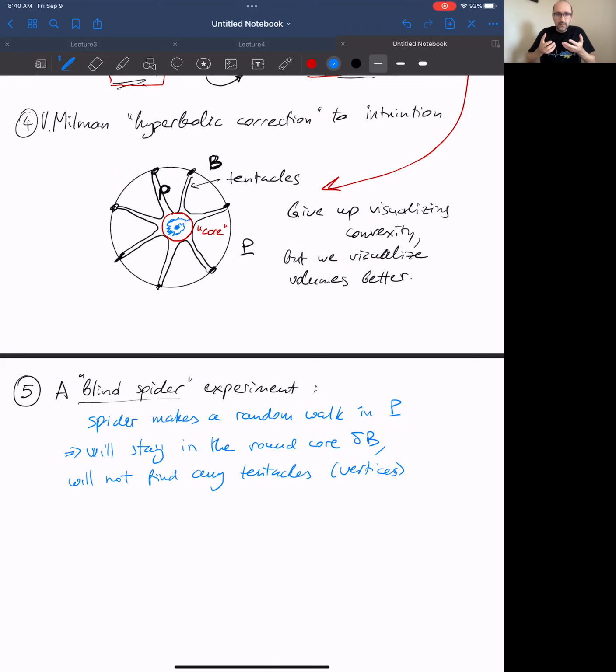So if you're in this position, you will not be able to tell where you are. You will think that you are in a small sphere, in a small round cell, delta B. So algorithmically, it's kind of impossible to tell the polytope from a sphere if you just do this random walk.